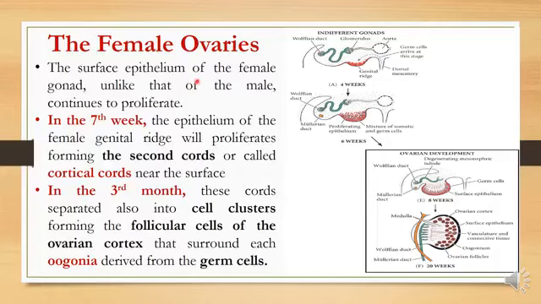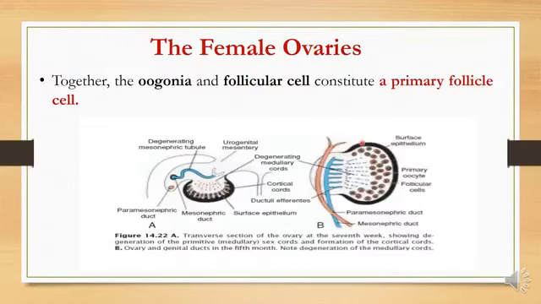In the 3rd month, these cords separate into cell clusters, forming the follicle cells of the ovarian cortex, and surround each oogonia. Oogonia are derived from the germ cells.